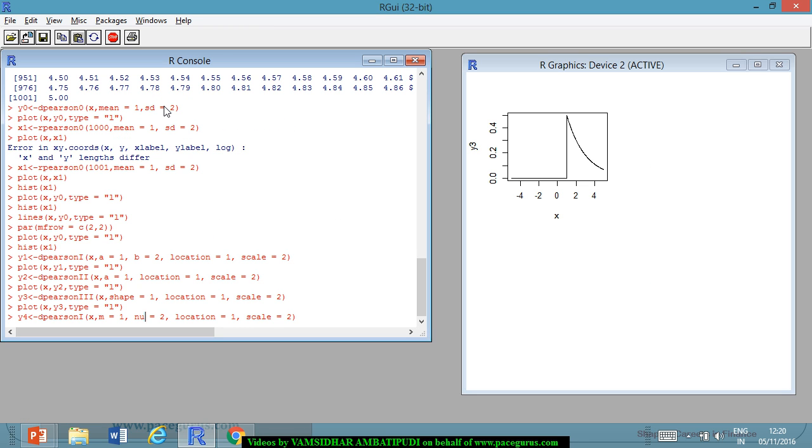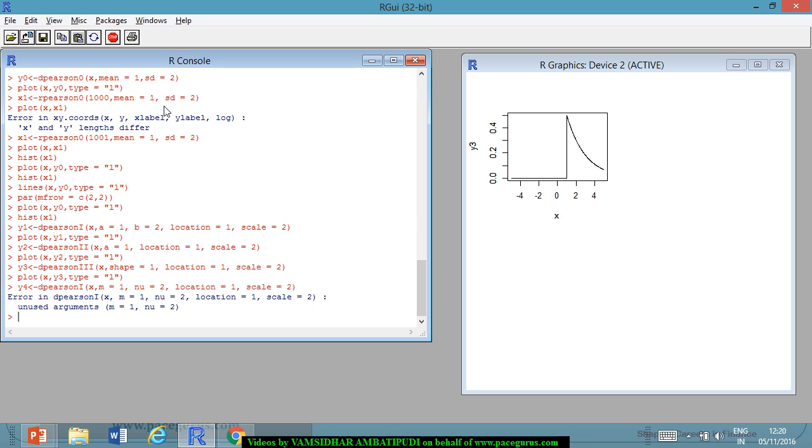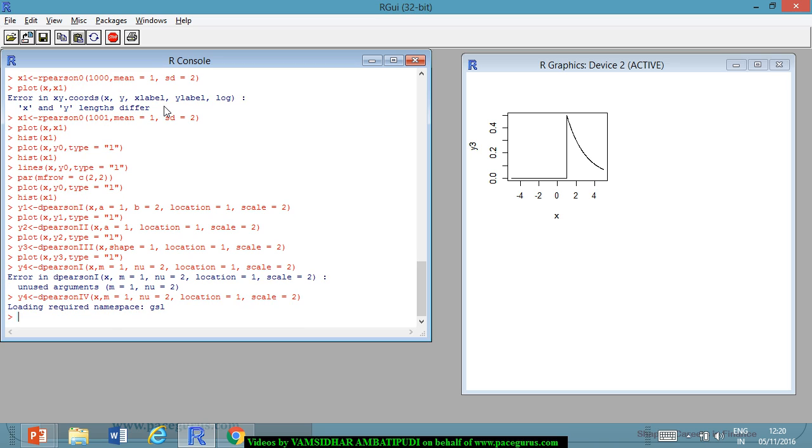Location and scale, I'll keep them as they are. Okay, it should be 4. Let me give it as Pearson type 4 distribution. Okay, so based on this, if I want to plot 4, let me say I want to plot y4.